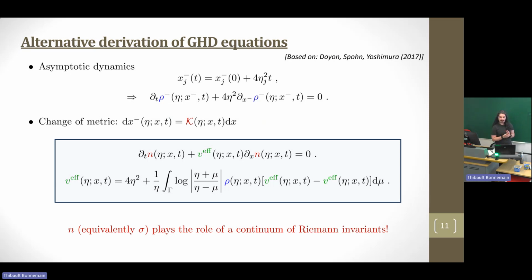So what we've done here is essentially we've diagonalized our system. So n, the occupation function, or equivalently sigma, plays the role of a continuum of Riemann invariants, like I introduced in my first lecture a while back now.